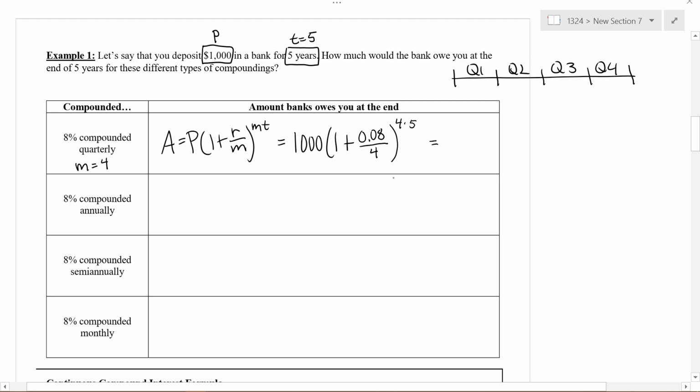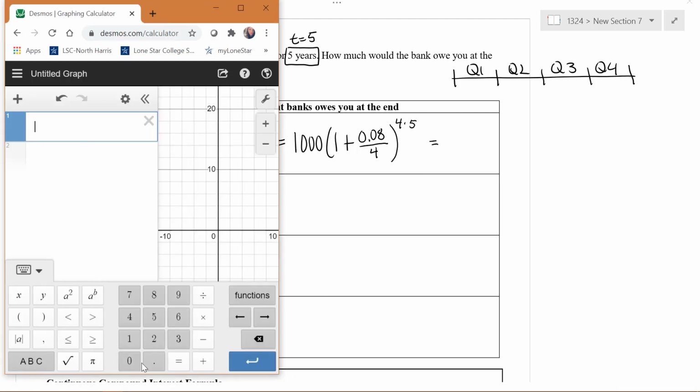Alright, we're going to take this and put it right into our calculator in Desmos. Alright, so I'm here in Desmos. I'm going to type in 1,000. I'm going to type my parentheses, then we're going to do 1 plus our 0.08. You don't need the leading 0. You can if you want. Divided by, make sure when you do the division that it's only dividing the interest rate, so that 0.08 divided by 4.